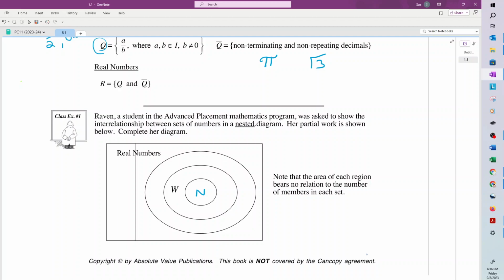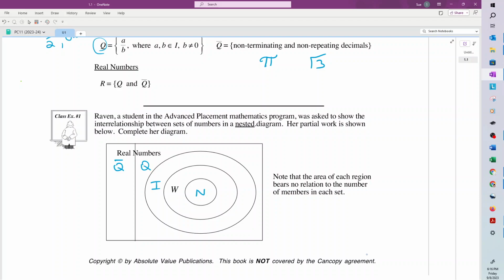And then we have the integers, which include all the whole numbers and all the natural numbers. And then we have the rational numbers here, and then the irrational numbers outside of that. So every real number is either rational or irrational, and we don't have any subsets for the irrational numbers.